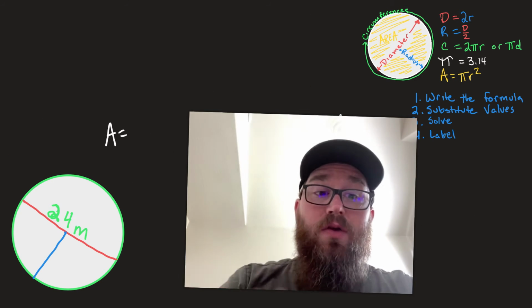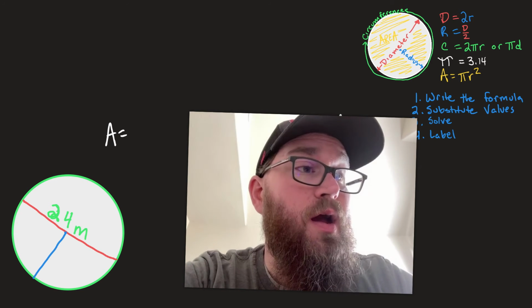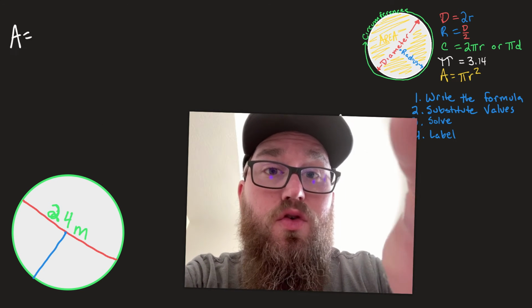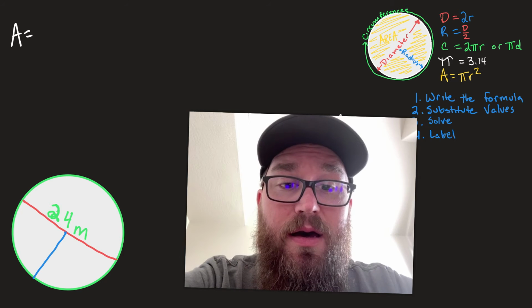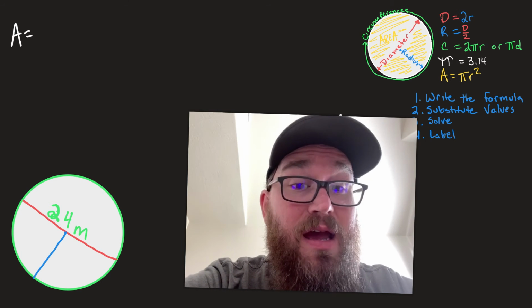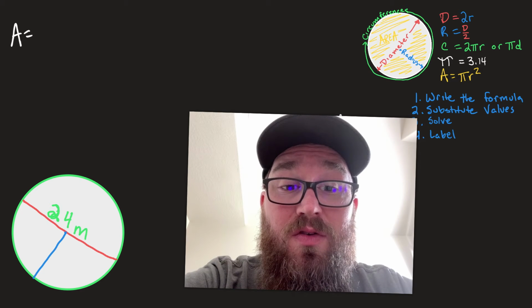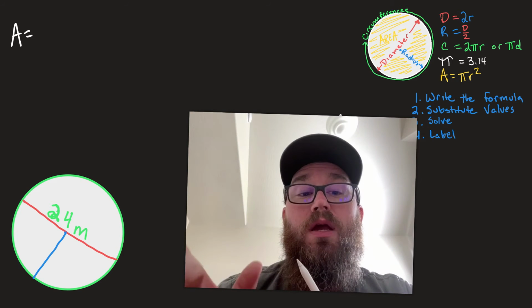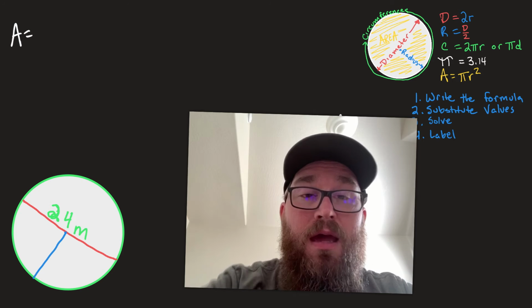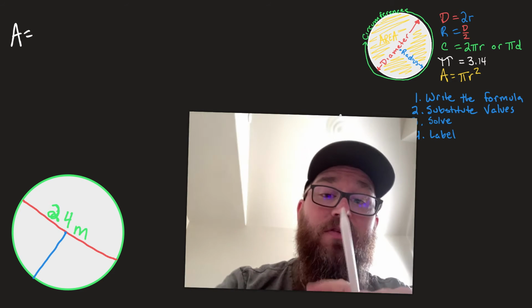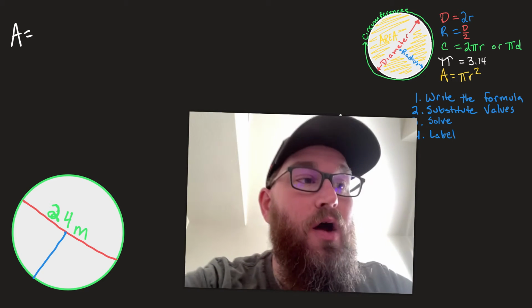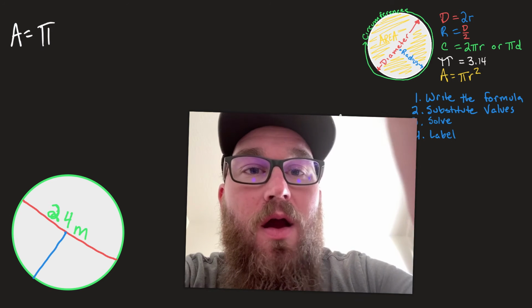All right, so we're going to do this problem right over here. Same kind of deal. Be paying attention here. I have a radius and a diameter listed there, but I want you to see, what is the 24 meters listed on? Yeah, it's listed on the diameter. It's listed all the way across, but we need a radius for this problem, pi r squared.